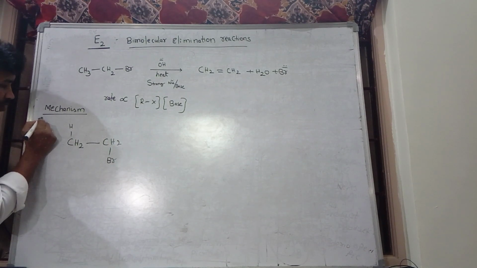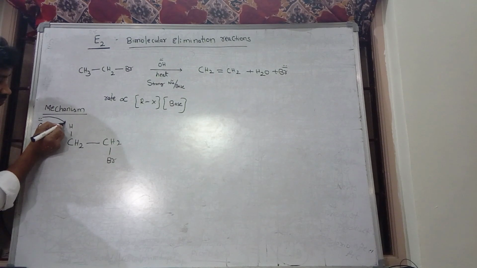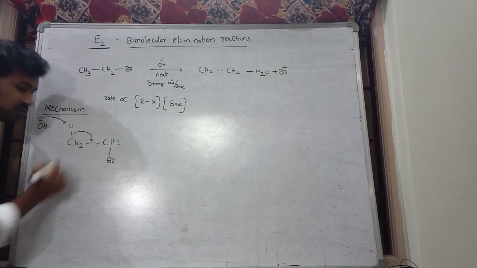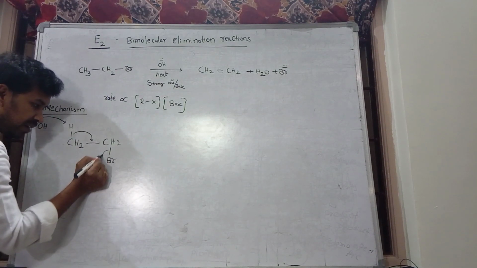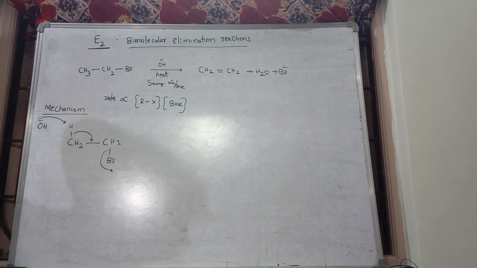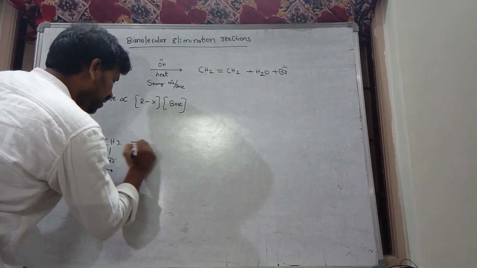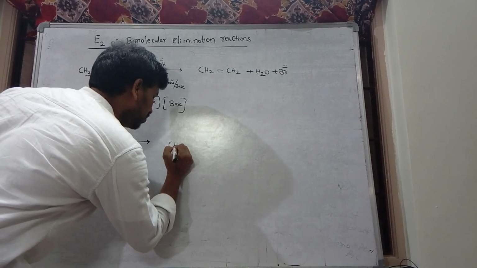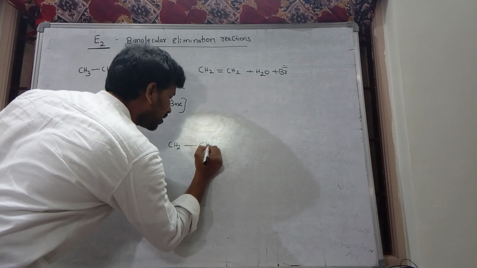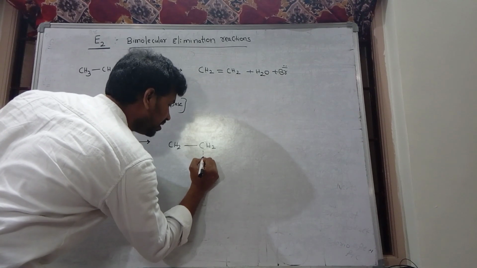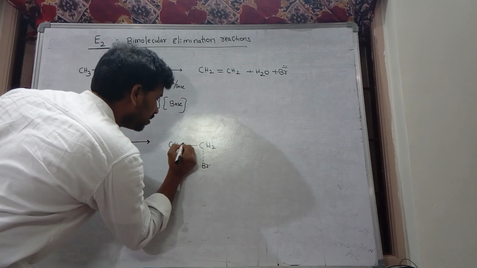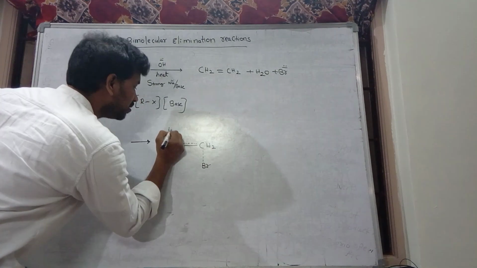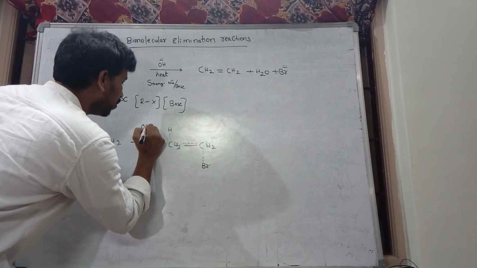So OH minus donates electrons to the hydrogen. Then the sigma bonded electrons shift here and this Br bond is broken. Then it converts into the transition state: CH2 with partial bond to Br, partial bond to hydrogen, partial bond to OH.